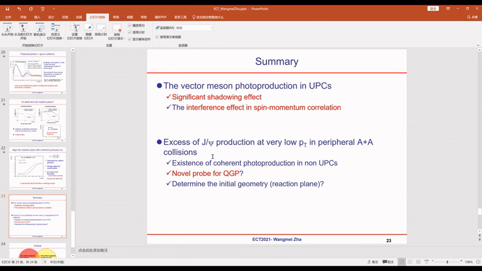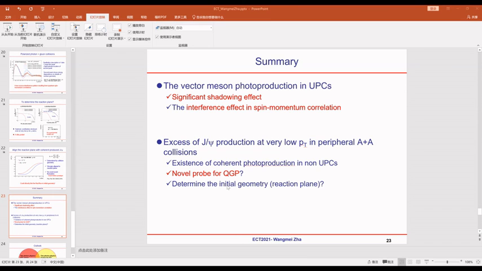As a summary, I showed you that vector meson photon production in ultra-peripheral collisions has led us to consider the MPDF, and also the access of J/psi at very low pT in peripheral collisions. So it can make a new probe for the QGP, and may also help us to determine the initial geometry.